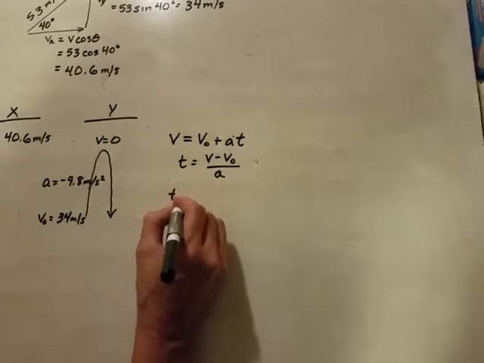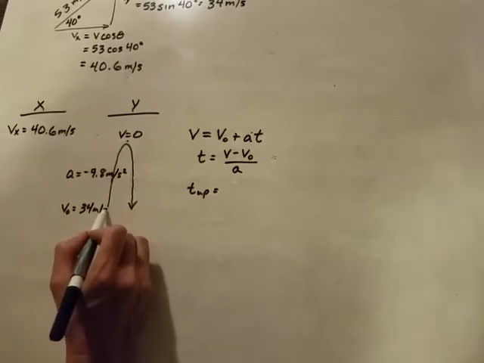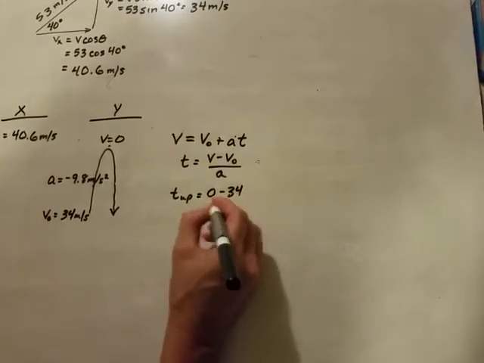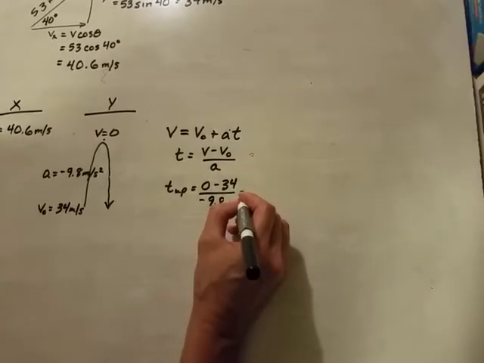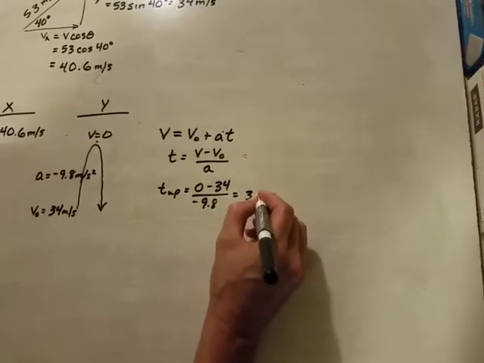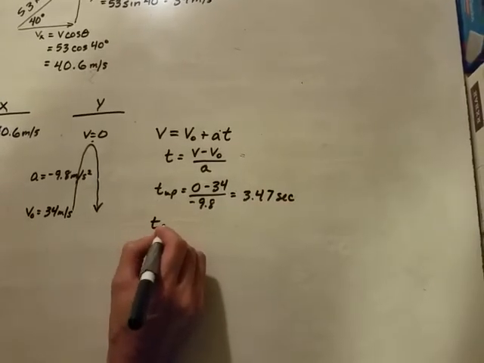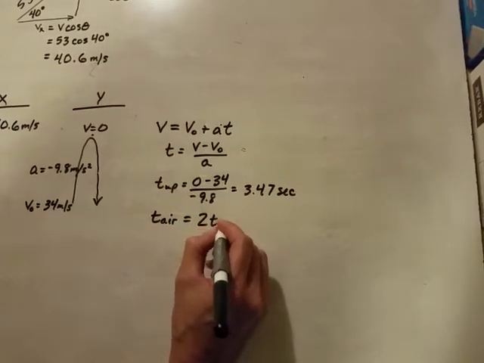And t up will equal the speed at the top minus the speed it starts with, divided by that acceleration, negative 9.8. That's going to give us 3.47 seconds. And then we can find t air by doubling that, since it's going the same amount up as down.